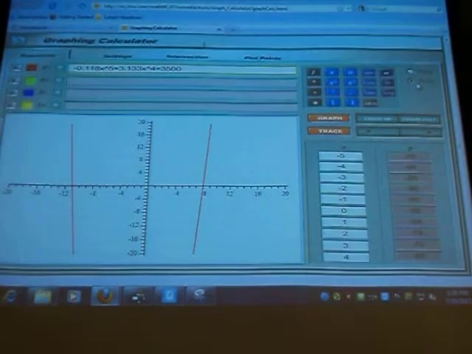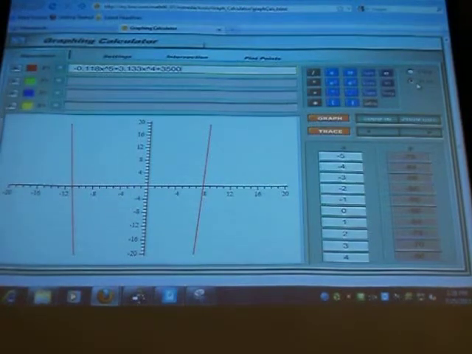Okay, so I've got negative 0.18x to the fifth plus 3.133x to the fourth plus 3500.